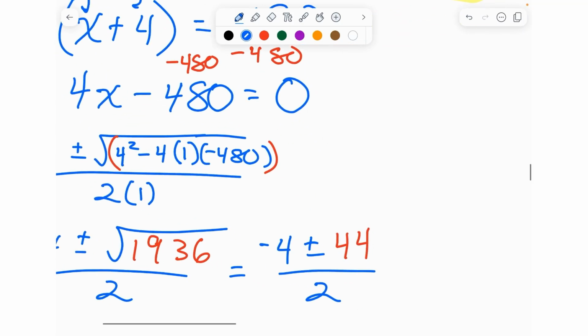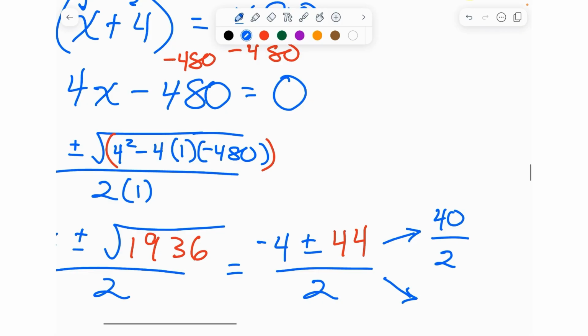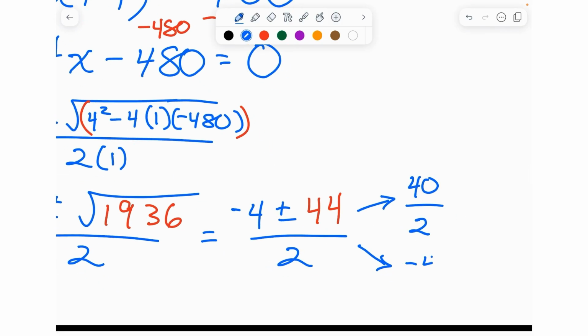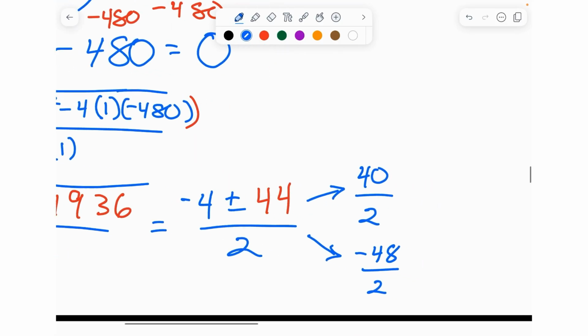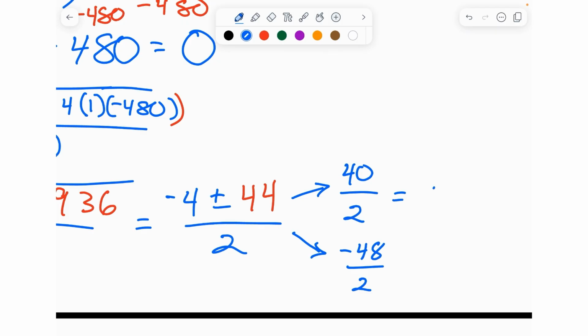And usually in a case like this, we would add 44, which is going to actually give us 40. Remember, it's still over 2. And then we would subtract 44, which would give us negative 48. And of course, that's also over 2. So what's going on with these two values? Well, one of them makes sense because it's positive. One of them really doesn't make sense. It's going to end up as a negative number.